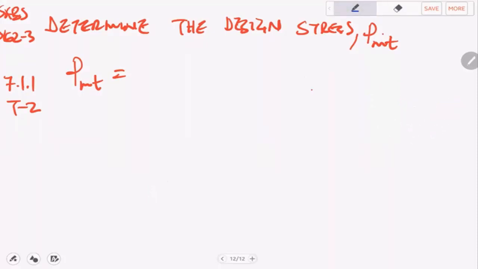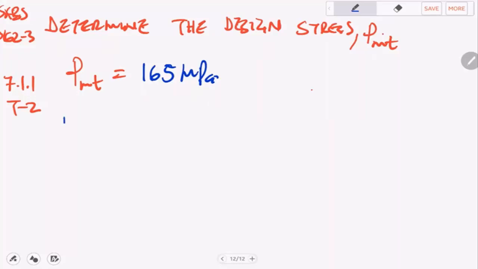So PMT is going to be 165 megapascals. After I've determined the design stress, which comes from 7.1.1 table 2, our PMT is 165 megapascals.